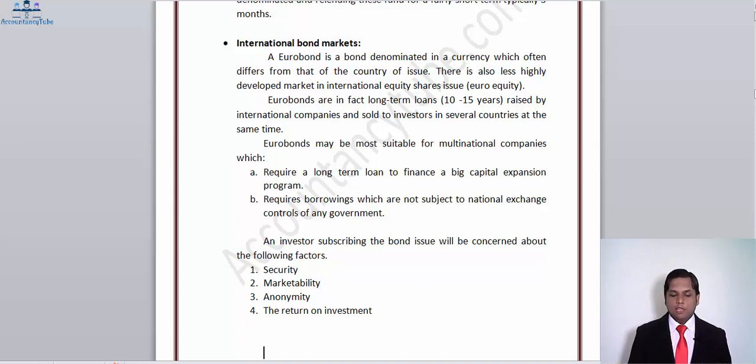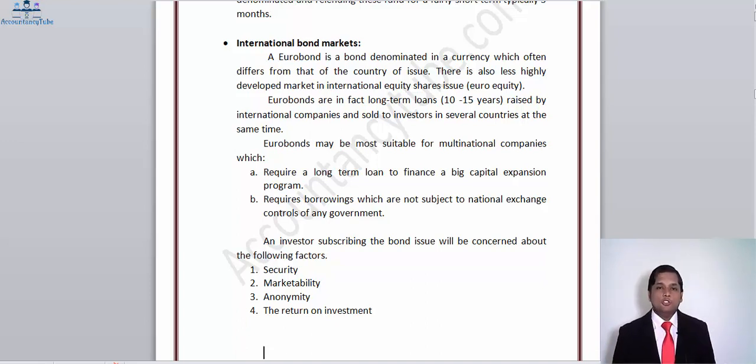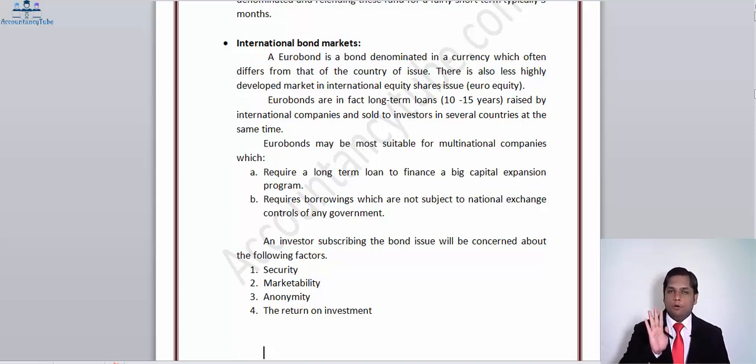Then we have anonymity. Eurobonds are issued under bearer's name, so if you lose the bond document, there will be no trace that you actually hold it. There is no regulation, no track record. The company could simply deny it, and since they are not regulated, there's nothing you can do about it.